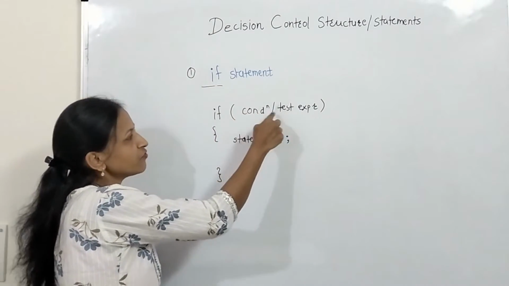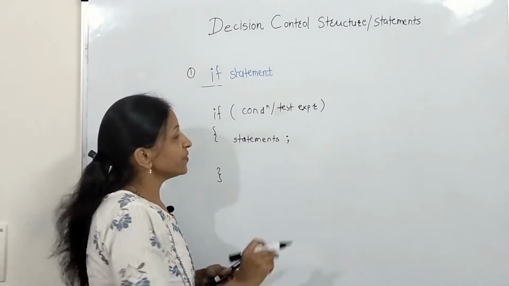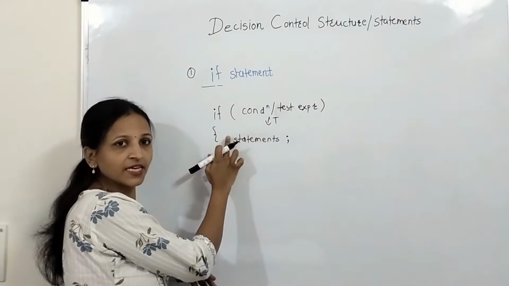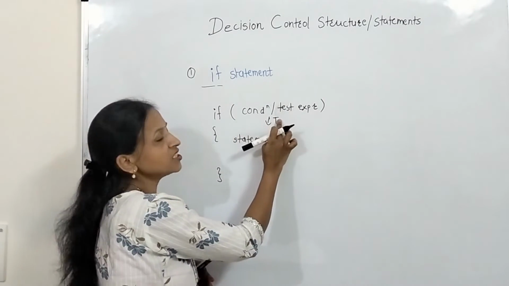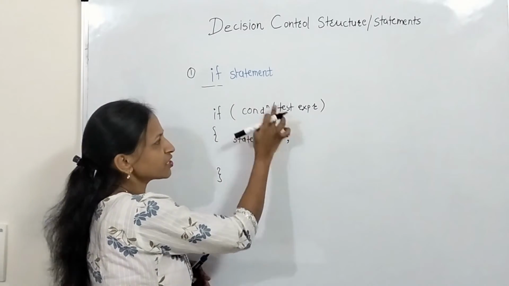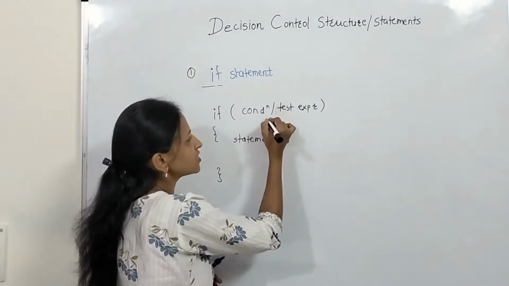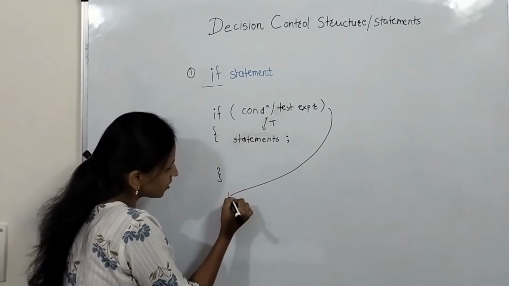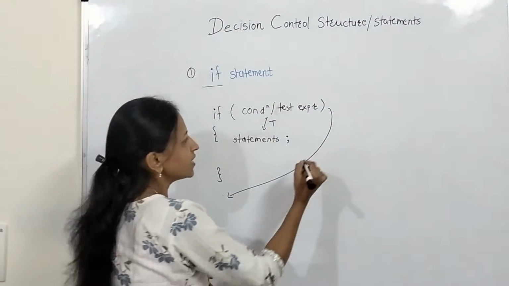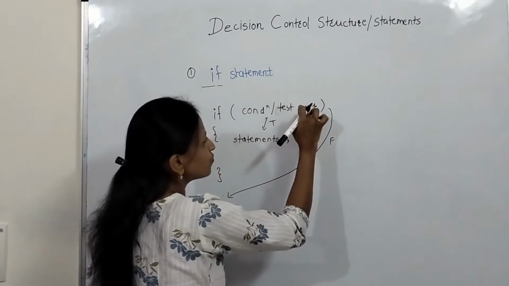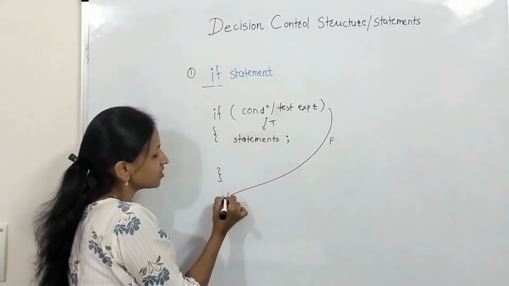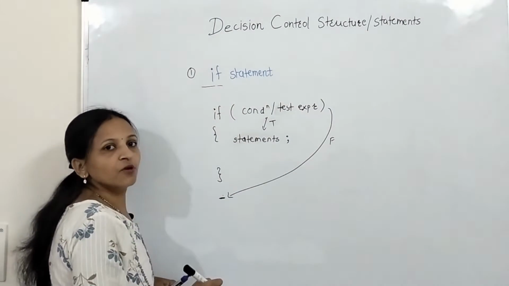Now it will check for the condition, and if the condition is true, then only the control will come inside this block. If the condition is false, then control will directly come at this place, meaning whatever statement is after this if block.